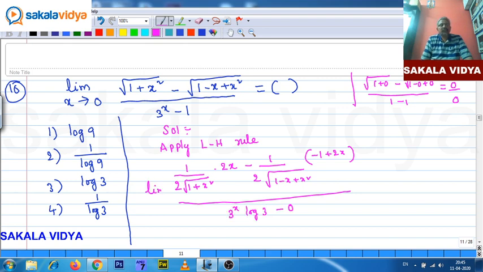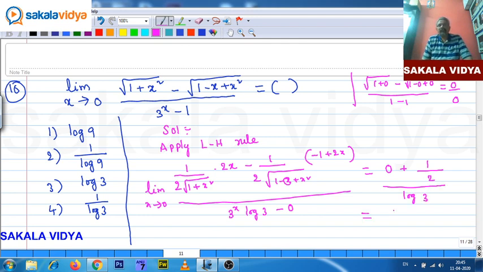So, limit x approaches to 0. Now, substitute the limit. Let us see what we get. The first term becomes 0 because 0 by something is 0. Minus of minus, plus 1 by 2, by 3 power 0 is 1, log 3.